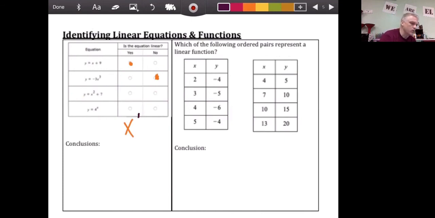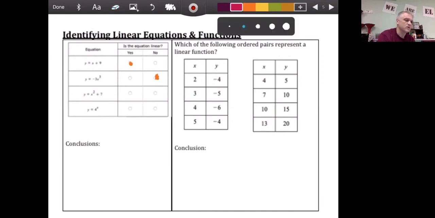It's like saying 1x and x is the same thing. X to the 1st and x are equivalent. They're the same thing. They mean the same thing. So if you have x in your equation, it must be to the 1st power for you to have a linear equation.